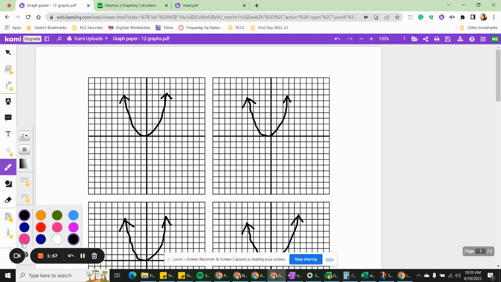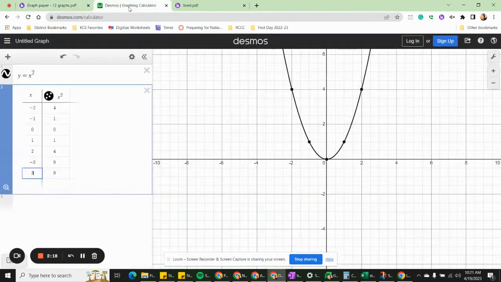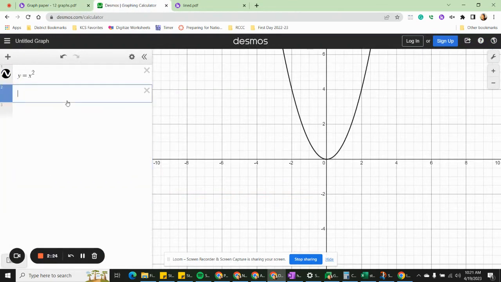So the first thing I want to graph using my graphing calculator is y equals 4x squared. On your graph paper, go ahead and write down y equals 4x squared with color pencil or a color pen, okay? So on my graph with Desmos, I'm going to leave y equals x squared at the top and do a new line and graph y equals 4x squared.